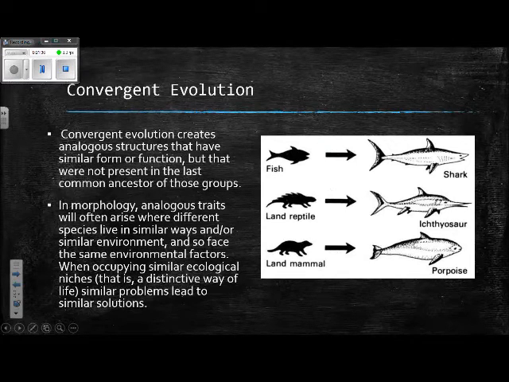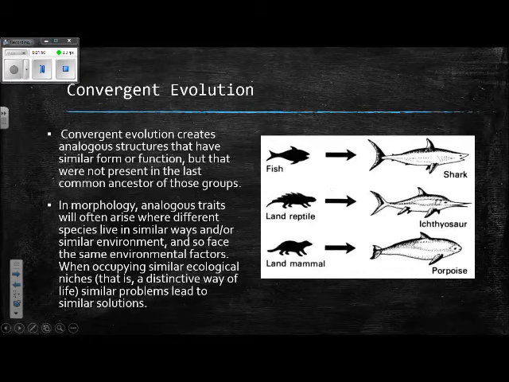In morphology, analogous traits will often arise where different species live in similar ways and/or similar environments, so they face the same environmental factors. When occupying similar ecological niches, so that's where they live, similar problems lead to similar solutions.